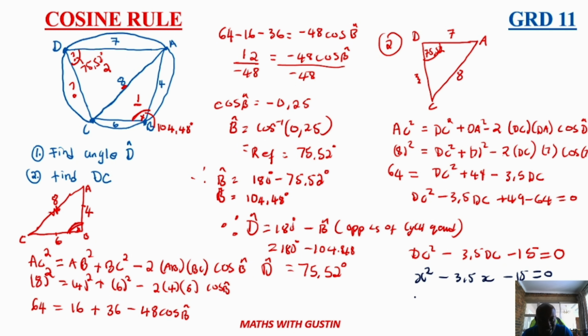However, just to fast forward this video, I have managed to find that DC is equal to 6. The other one is a negative, and you can't have a negative length, so therefore this is what I found. So please guys, go ahead, put this in the quadratic formula.